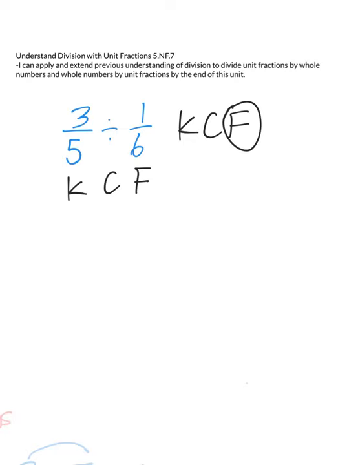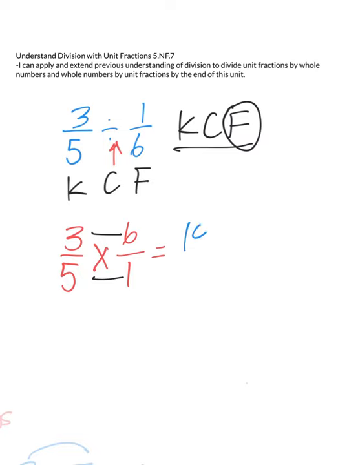So I'm going to use my KCF method to keep the first fraction, which is 3/5. I'm going to keep that. I'm going to change division to multiplication. And I'm going to flip my second fraction, making 1/6 into 6/1. Now that I've used my KCF method, I will multiply straight across my numerators and my denominators, which will give me 18/5.